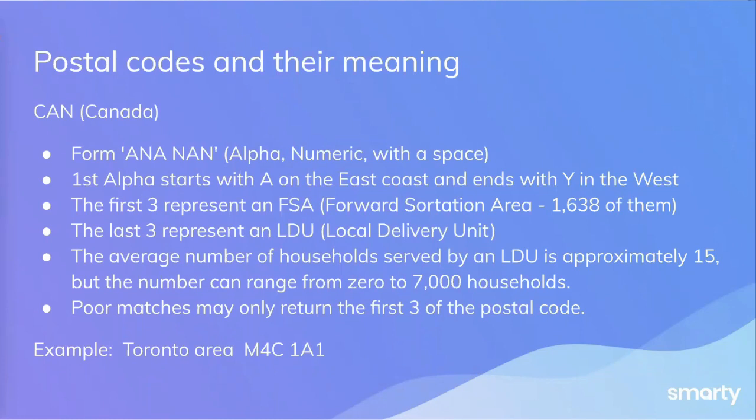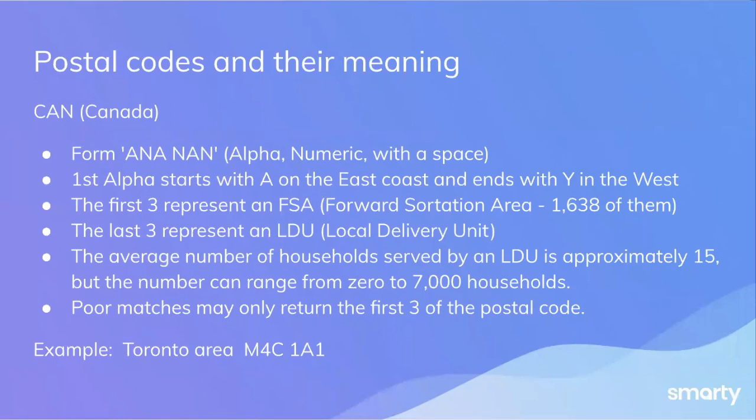The first 3 characters are what we call a forward sortation area, or an FSA, and there are 1,638 of them from the East Coast to the West Coast.